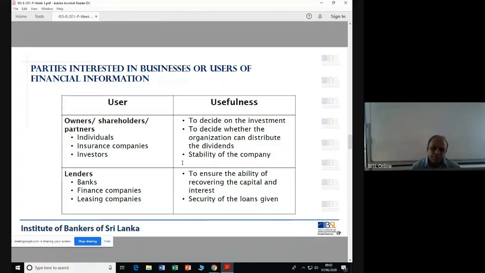Now, if a company is not making profits, what is my situation? I have invested money in this company, expecting them to pay me something in return, but now this company is continuously making losses. So I have my doubts about my investment. What do I mean by that? This company might not pay anything as dividends to me.